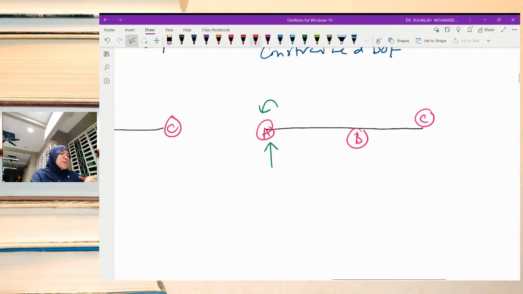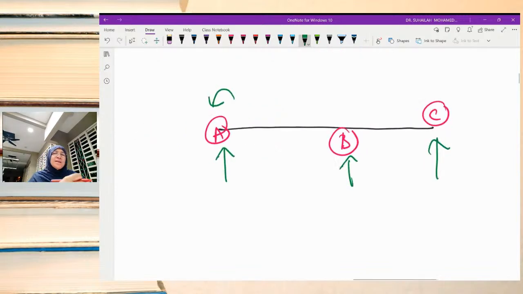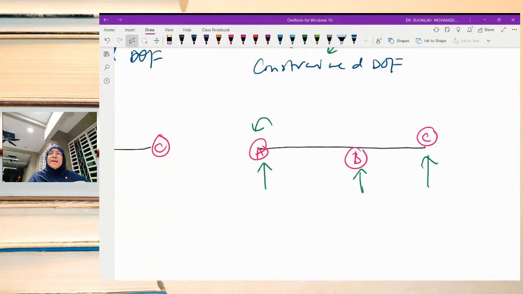So we put 1 in the Y direction at B, Y component, and another one at C. Means that there are 4 degrees of freedom under the constrained system.